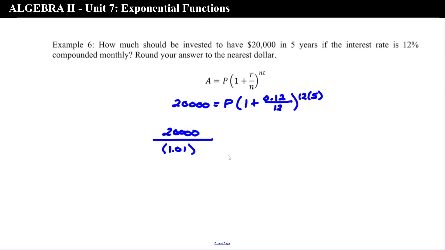And then 12 times 5 is our exponent. That's 60. That's a little bit simpler to put in the calculator. And when you do that, you're going to get $11,009. So that's how much you need to deposit to have $20,000 5 years down the road at that interest rate compounded monthly.